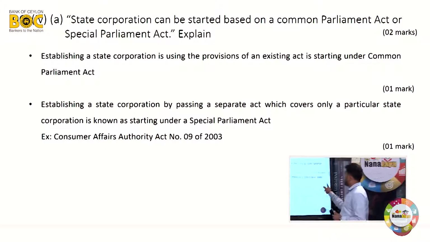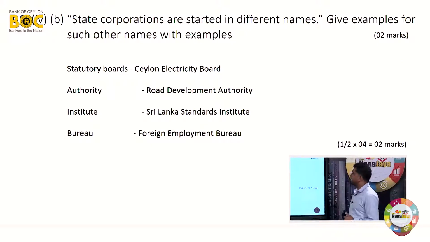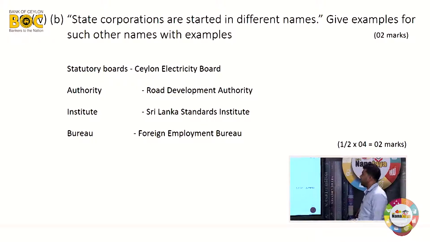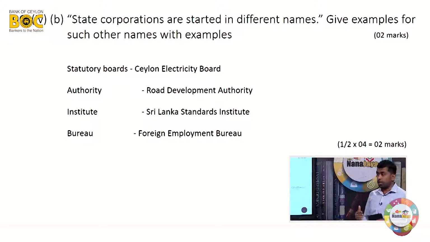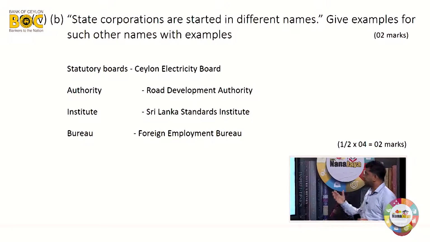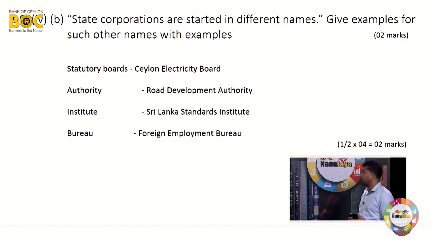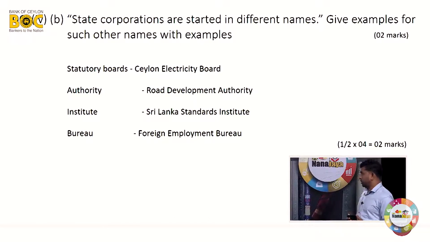Part B of this question, state corporations are started in different names. Give examples for such other names with examples. Corporations are carried out under different types of names. As an example, statutory board, authority, institute, bureau.